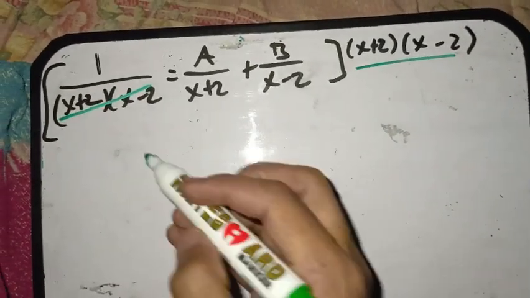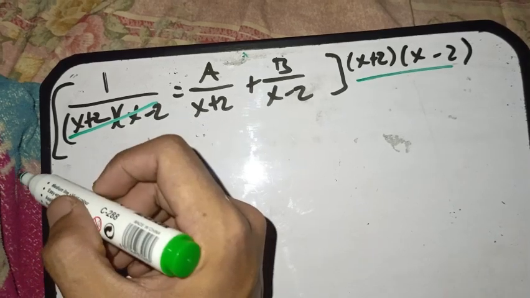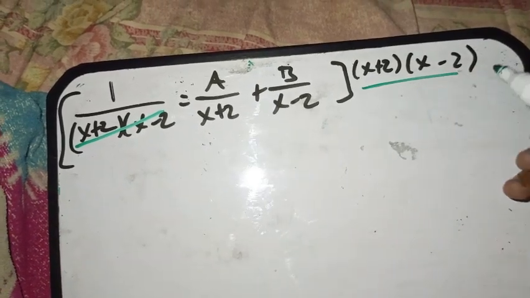Now we cancel out the denominator on the left-hand side, x plus 2 and x minus 2.